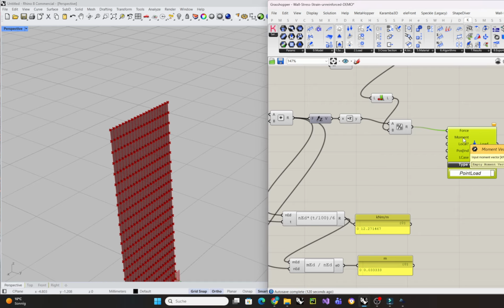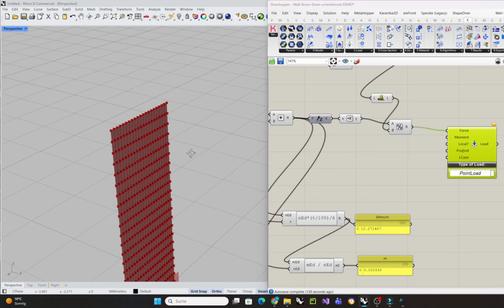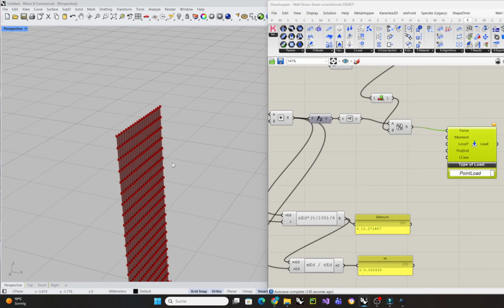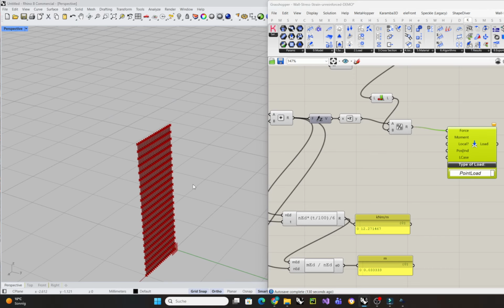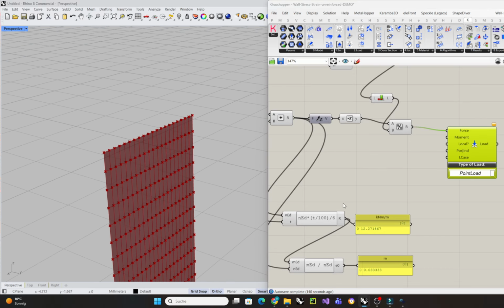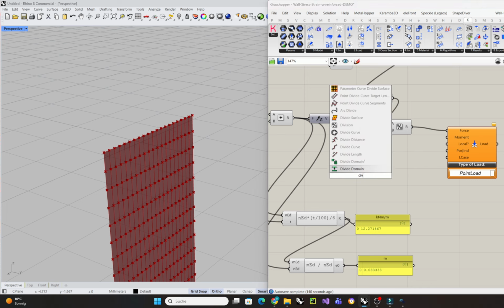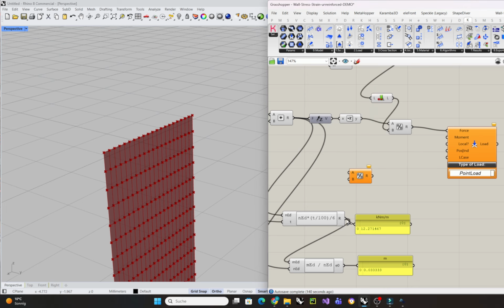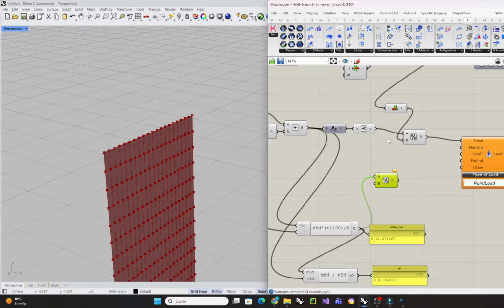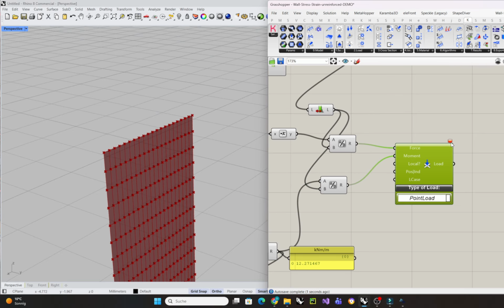But I need this moment to give Karamba, to let Karamba know that we have not only a compressed wall but also a bending moment. So I also divide this moment by the number of nodes. I'm getting something like this per node, and I'm going to put this here.